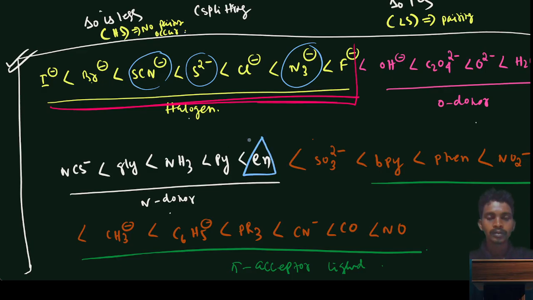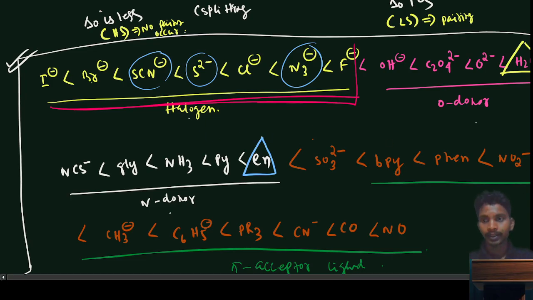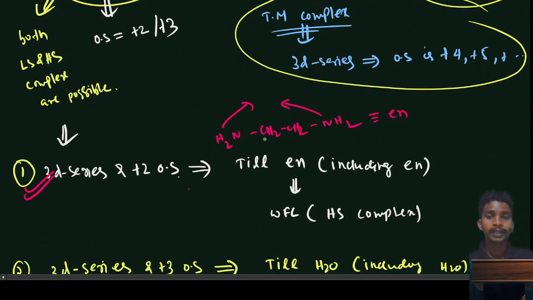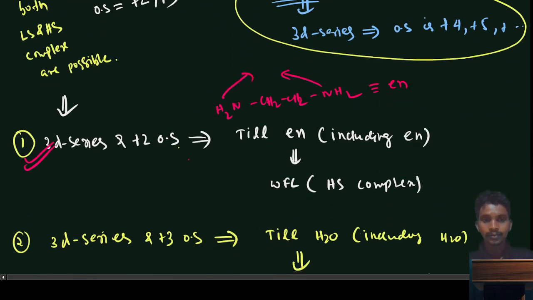Up to this, including this, all are weak field ligands for plus 2 oxidation states. And for plus 3 oxidation states we are interested up to this water. Up to this all are weak field ligands for plus 3 oxidation states, except cobalt 3 plus. For cobalt 3 plus all are strong field ligands except these halogen groups.